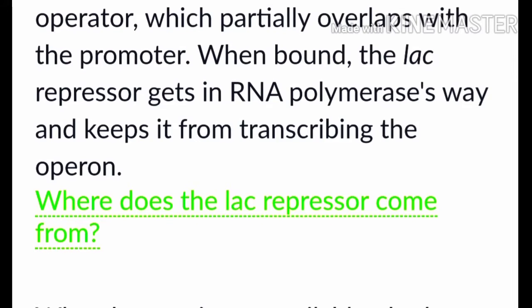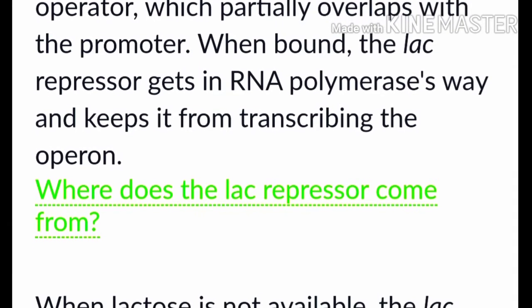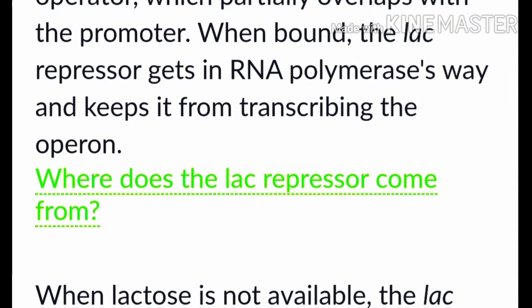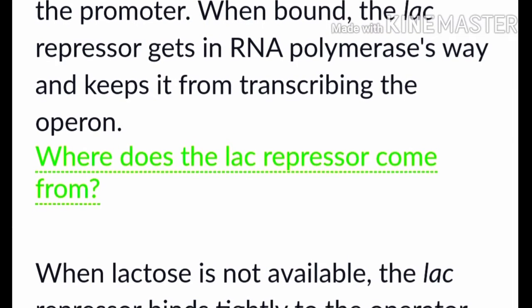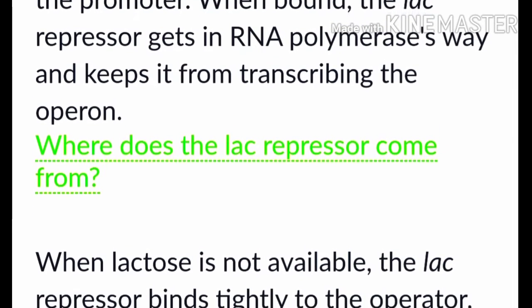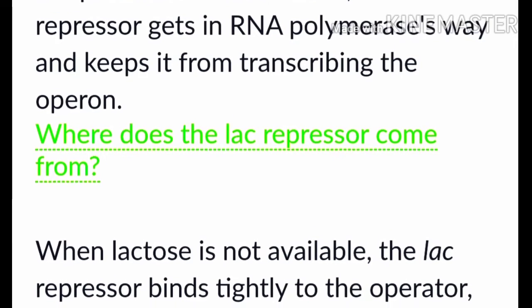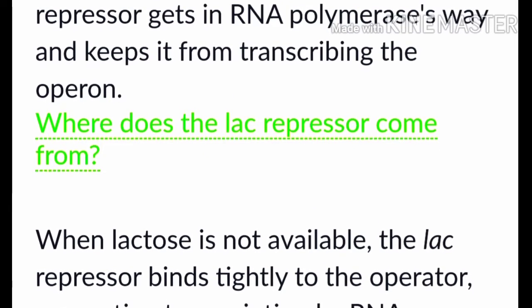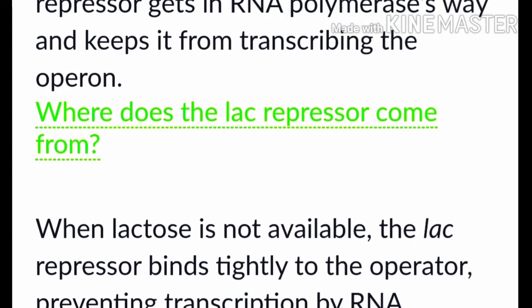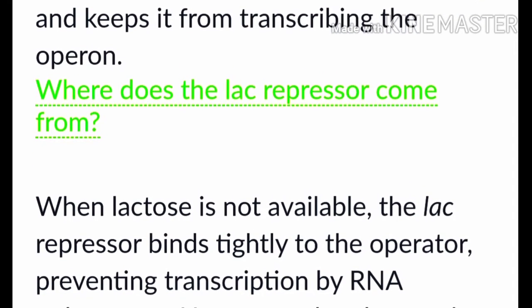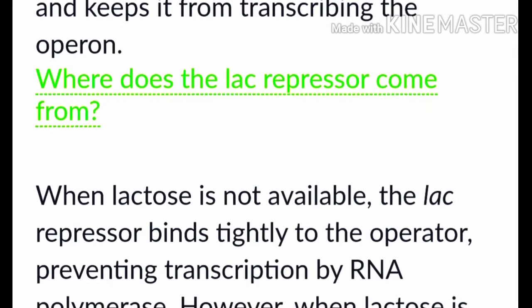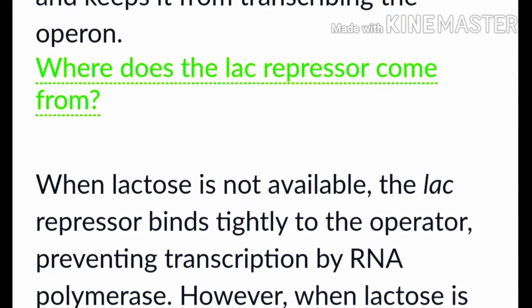Now the question arises here: where does the Lac repressor come from? Now look, when lactose is not available, the Lac repressor binds tightly to the operator and prevents transcription by RNA polymerase.